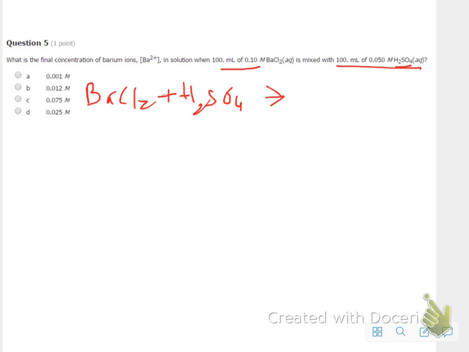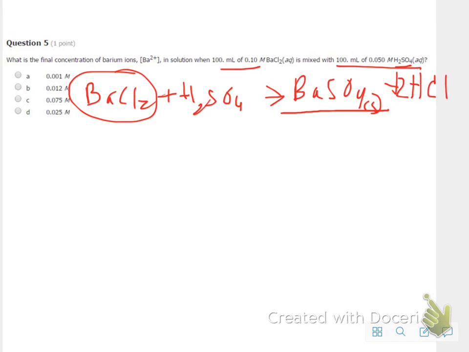I'm going to get barium sulfate, which will be a solid, and I'll get 2 HCl. Okay, so the final concentration of barium ions in solution. This is a limiting reactant problem. I'm going to make barium sulfate here, but there won't be any ions. So what I'm looking for is if I have leftover of this, because that would be the only source of barium ions.